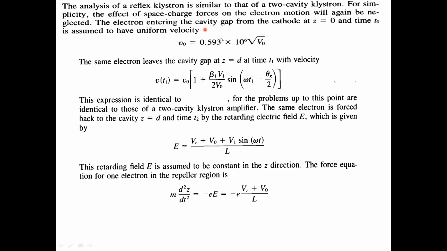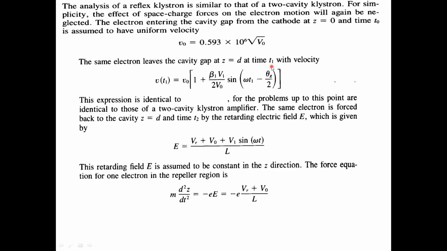Now these electrons are ready to leave from the cathode and pass towards the grid, that is the cavity gap. When these electrons leave the cavity gap at z equals 0, that is z equals d, after a certain time, that value equals T1.